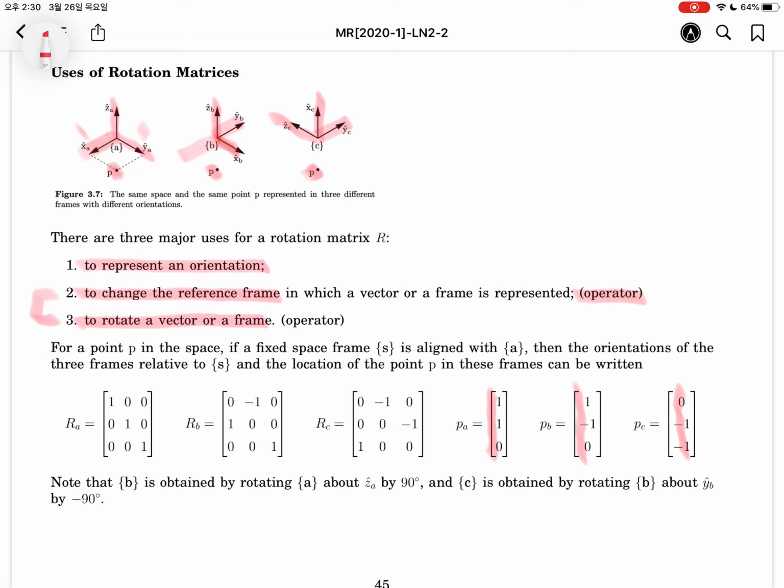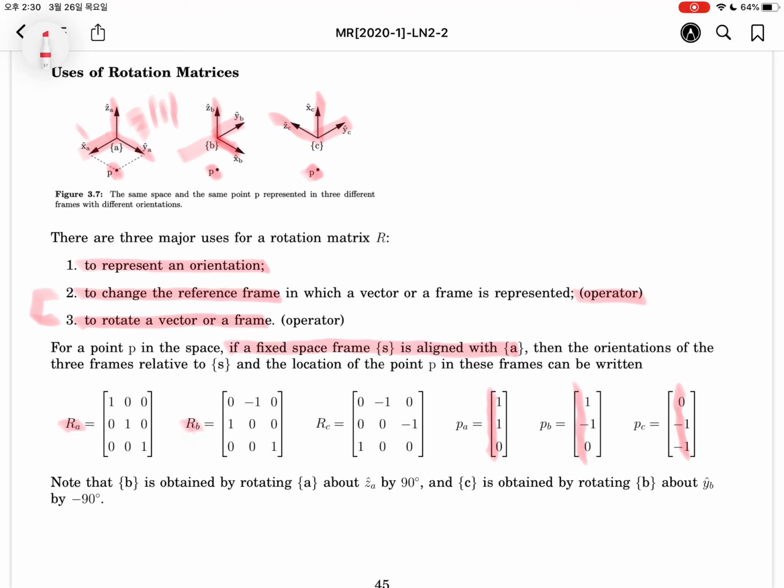Okay. In here, if the fixed space frame is aligned with A, where A is a space frame, then the rotation matrix of A can be the identity because the same frame is aligned to A. How about the B matrix?